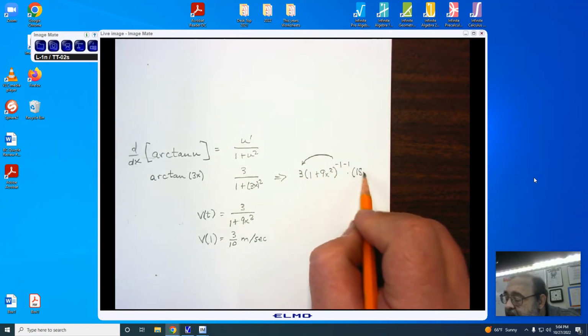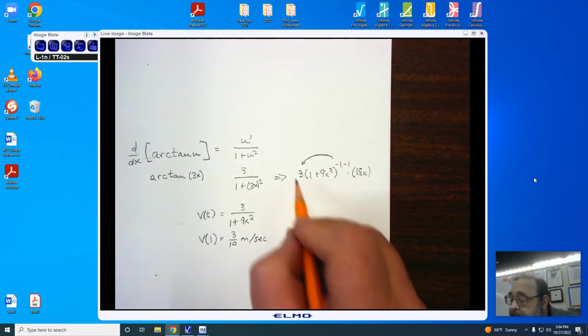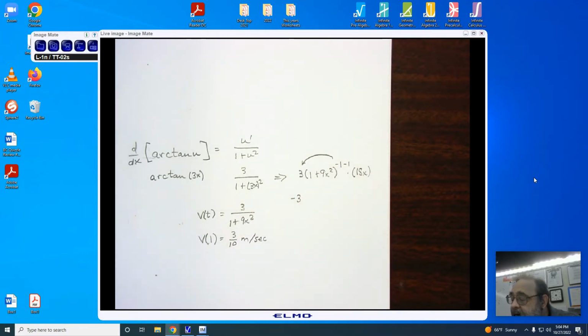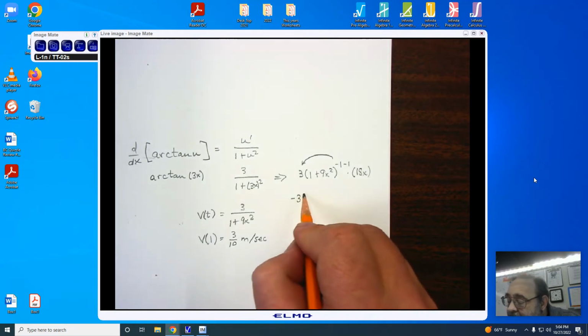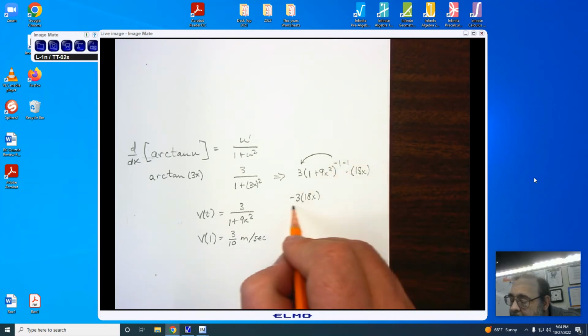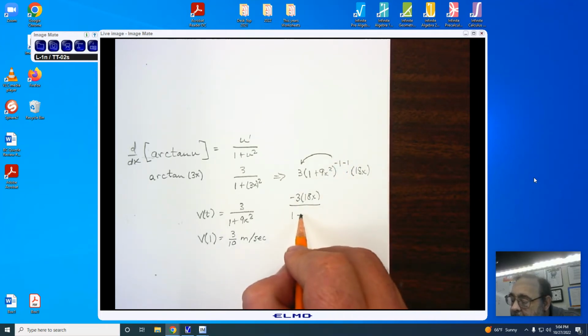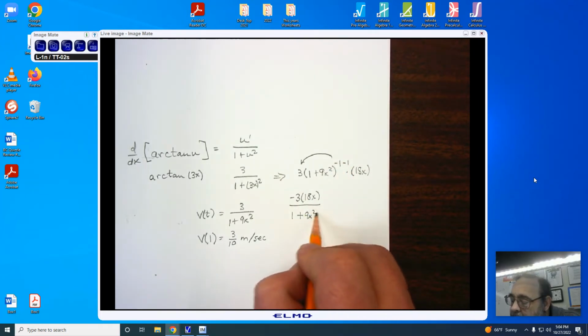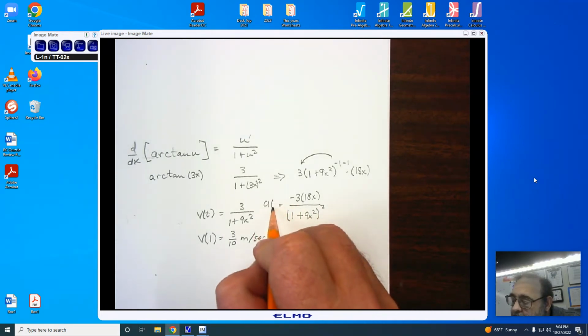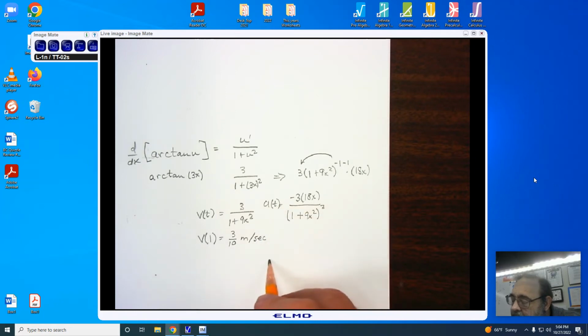This gives us 18x. We're then going to simplify. Remember, we had the negative that moved to the front, giving us negative 3. We then have 18x. And this negative 2 power that we get is in the denominator for 1 plus 9x squared to the second power. By simplifying this, we're going to be able to find our acceleration.